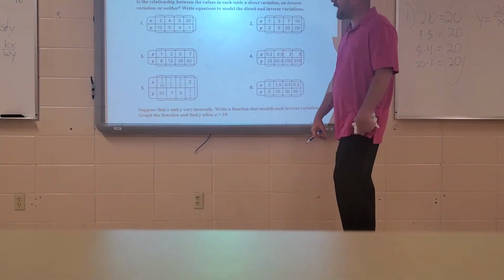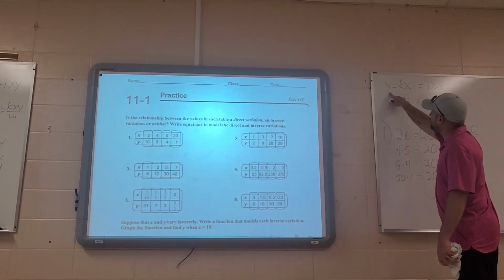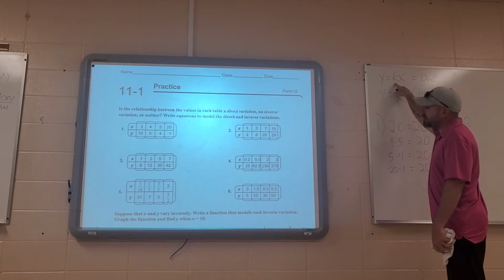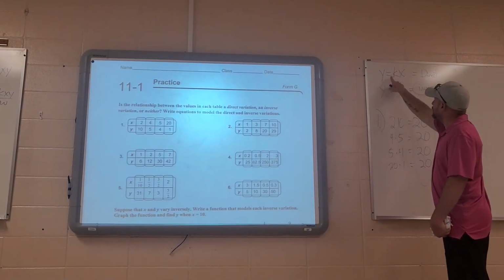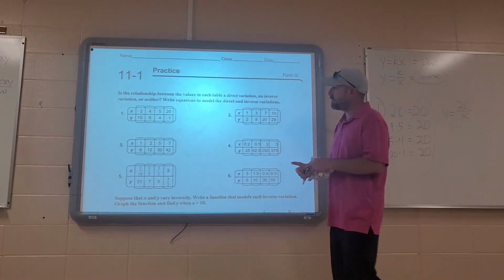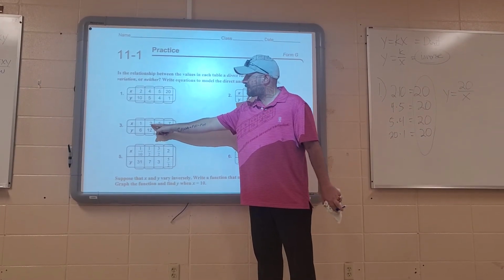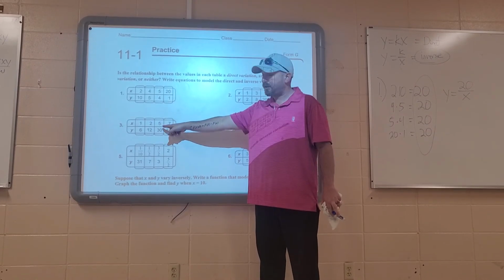Let's see if it's direct. Okay? 6 for y equals 1 times k. In this case, k would have to be 6. So then if k is 6, 12 equals 2 times 6? Yeah. 30 equals 5 times 6? Yes.